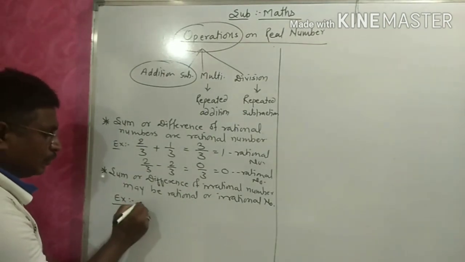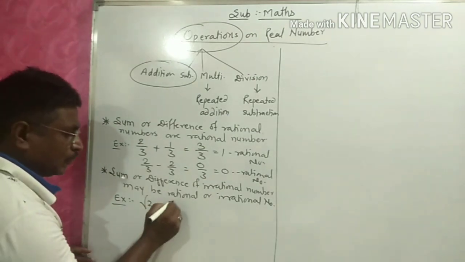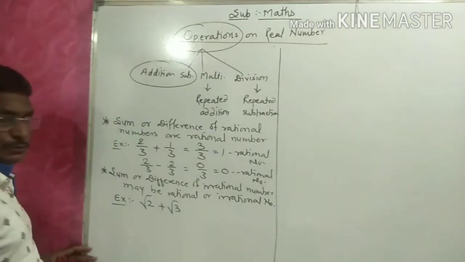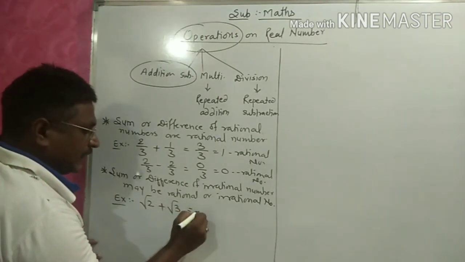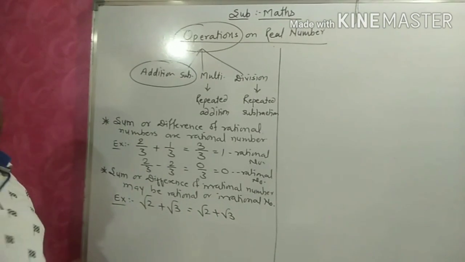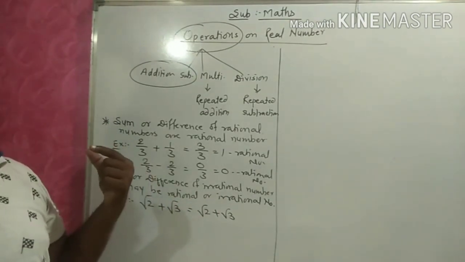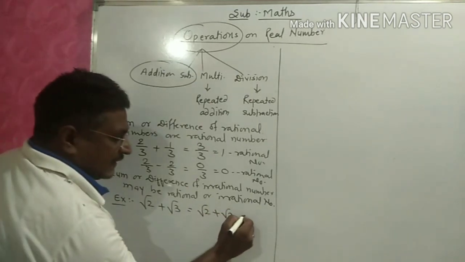If we do root 2 plus root 3, what will we get? Root 2 plus root 3. We cannot add the irrational numbers, so this is an irrational number.